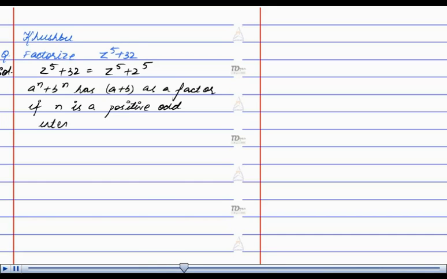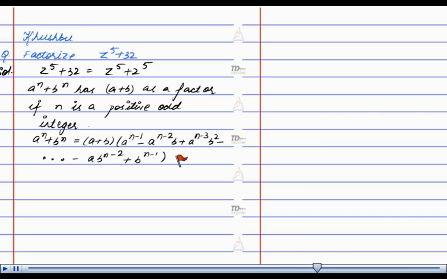Now we know that a to the power n plus b to the power n has a plus b as a factor if n is a positive odd integer, and therefore a to the power n plus b to the power n becomes a plus b into a to the power n minus 1 minus a to the power n minus 2 b plus a to the power n minus 3 b square minus and so on up to minus a into b to the power n minus 2 plus b to the power n minus 1.